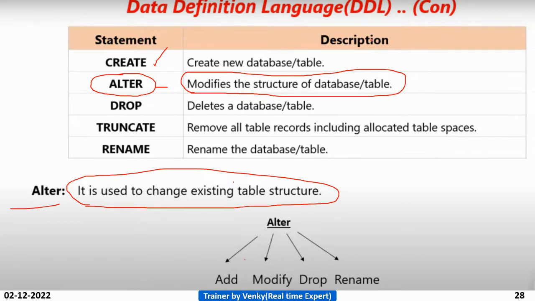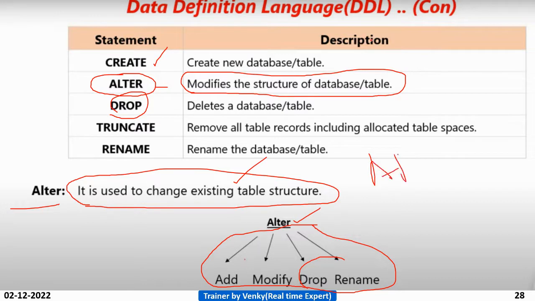It is easy to change the existing table structure. Within alter, there are 5 keywords or subcommands you will get. If you observe, drop is a main command, but it will work with the alter subcommand as well.